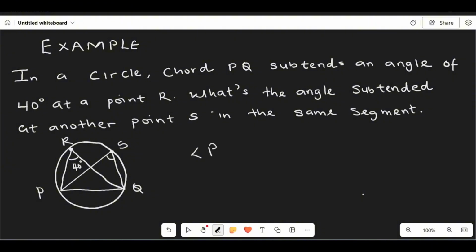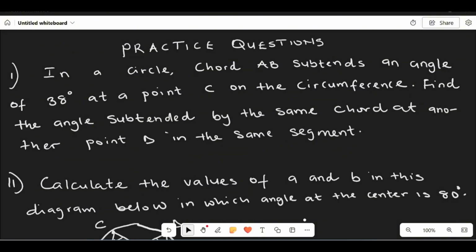Angle PRQ is 40 degrees. So our angle PXQ equal to 40 degrees.